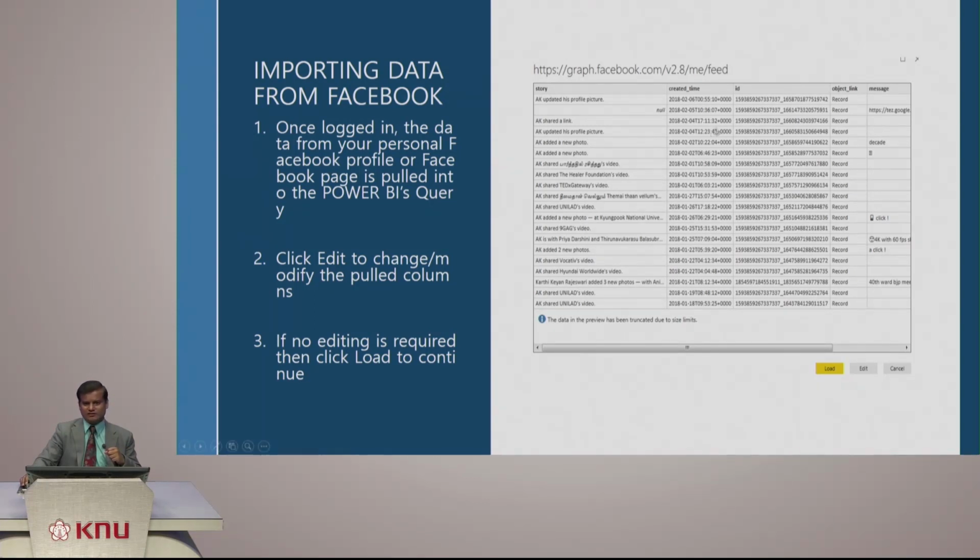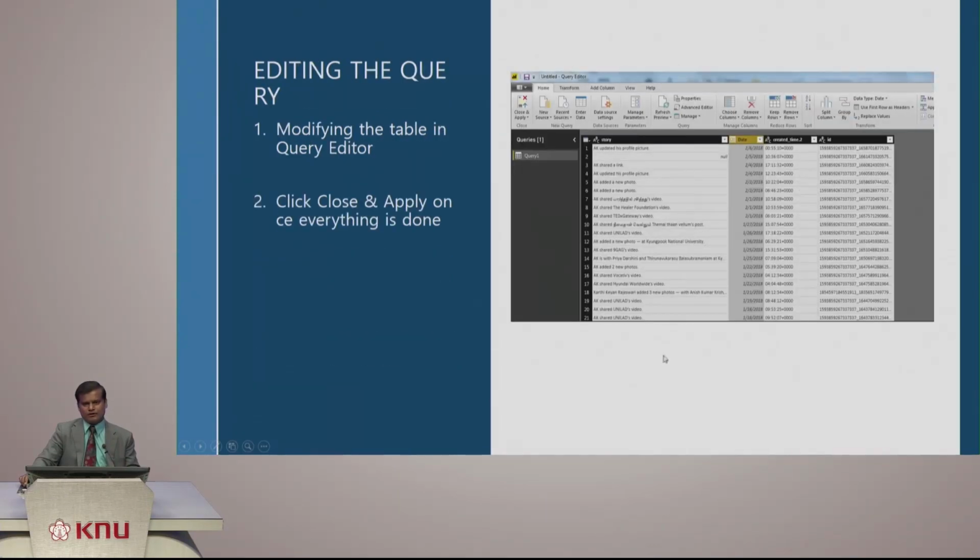You can edit that pulled-in information. If no editing is required, you can just directly load, as you can see here. If you want to edit and modify, you can still perform various operations on the information pulled out from Facebook.